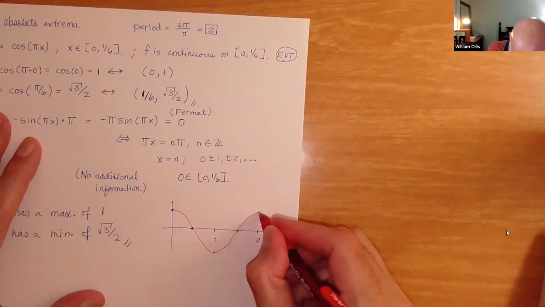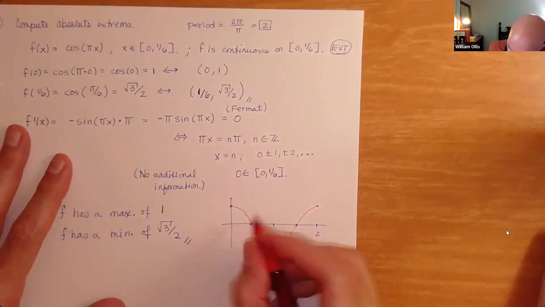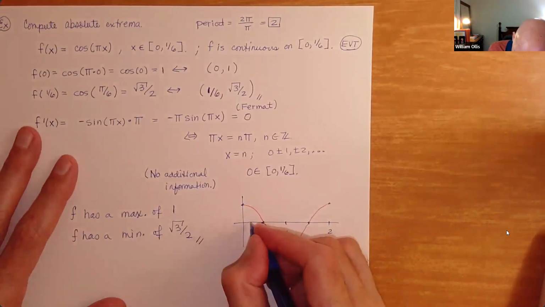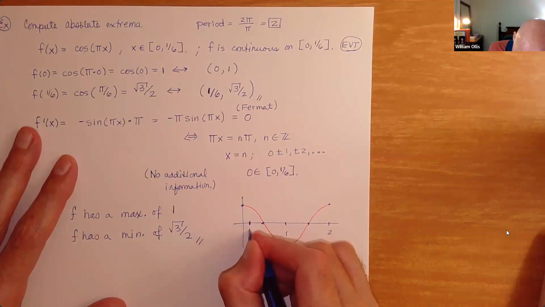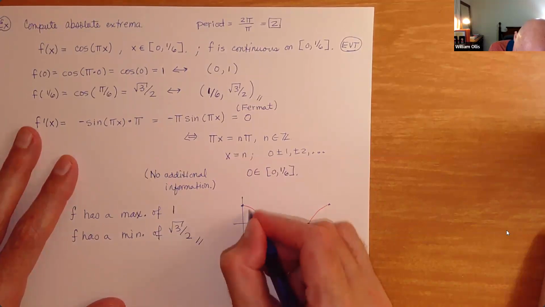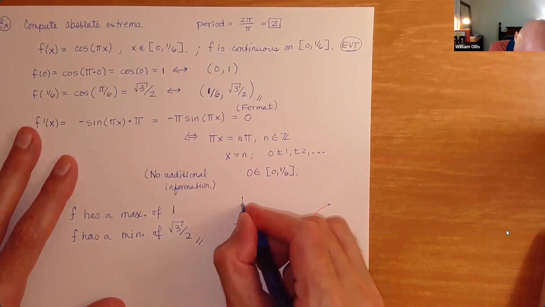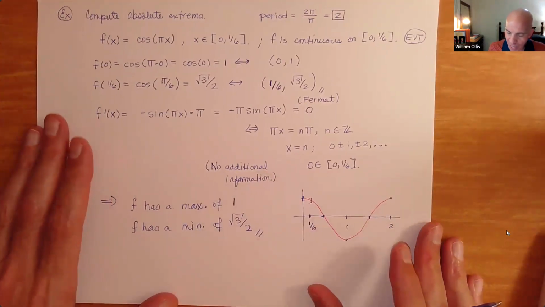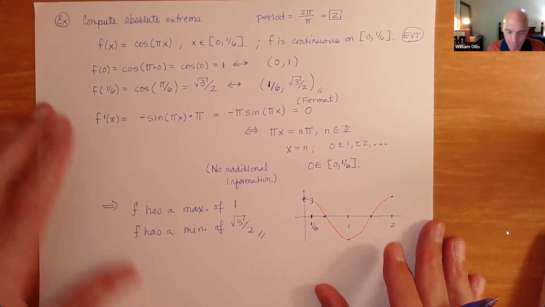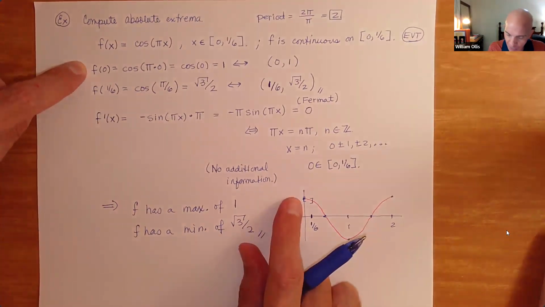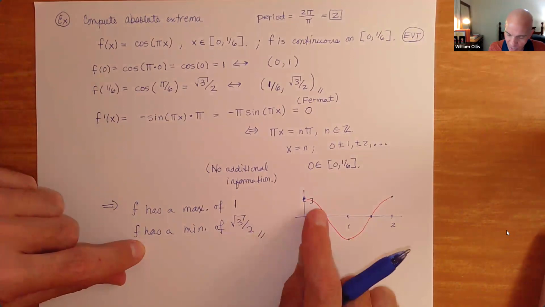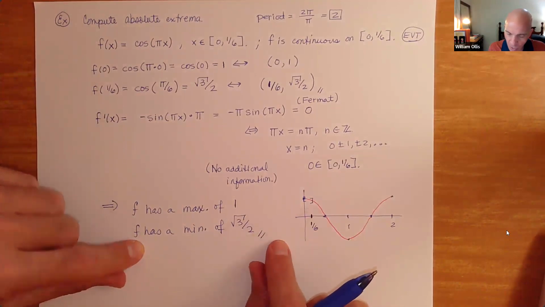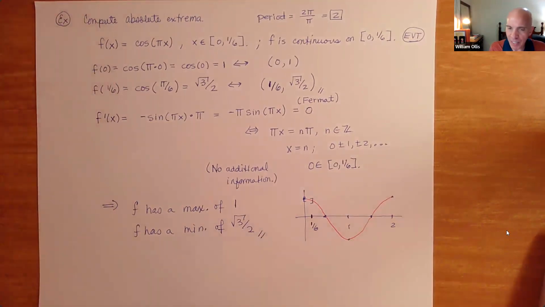So we had something like that. So now when you look at this, you basically would just put in our 1/6 here. That's our 1/2. So we've just got this piece right here where it's just basically dropping off. So it's no surprise to us that the maximum occurs at the left endpoint and the minimum occurs at the right endpoint. So that we knew, and that's what the intuition was.